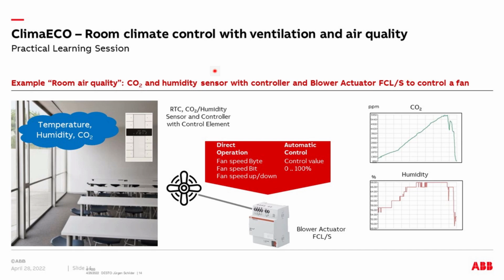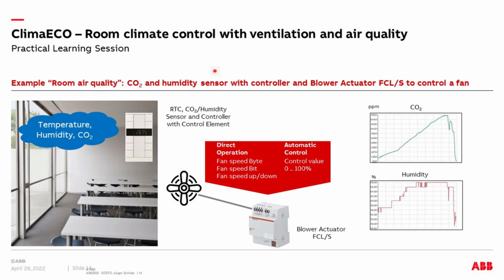Today I will show you a practical example of fan control with an air quality sensor and the blower actuator. This includes the parameter settings in the ETS, the linking of the group addresses between the ABB control element Tenton and the blower actuator FCLS, and a practical demonstration.